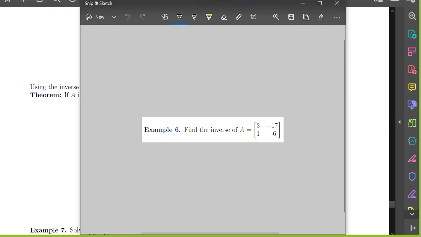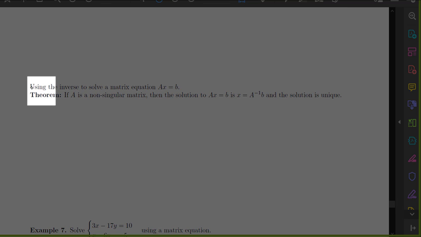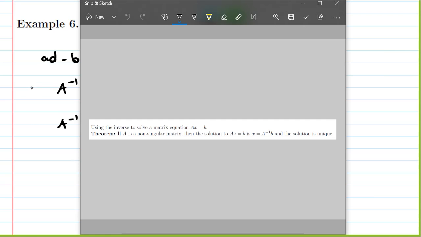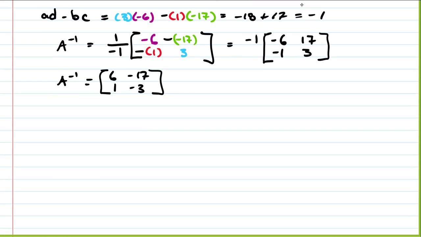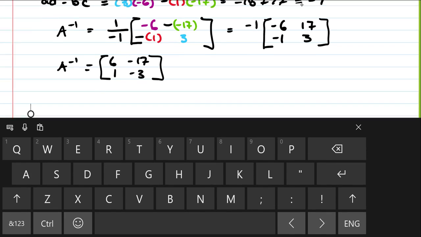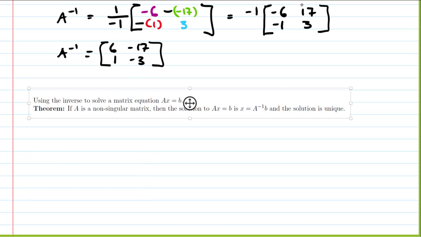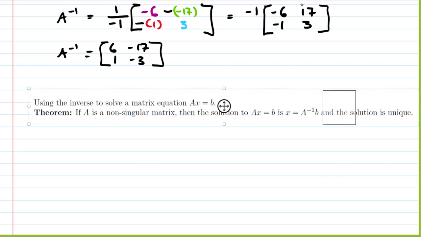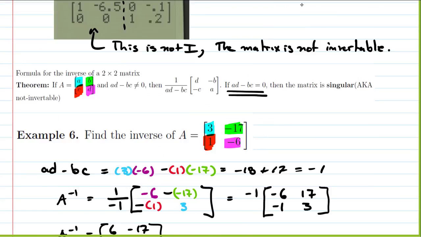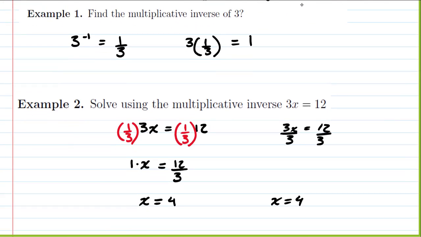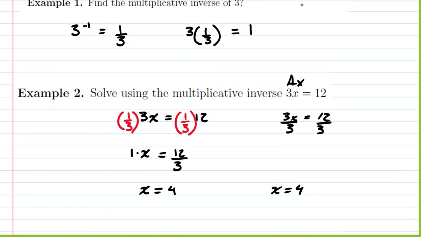All right, so now we want to use the inverse to solve the matrix equation A times X equals B. Turns out that we can solve this matrix equation in exactly the same way we were solving this, because this is really just A times X equals B. So to solve this equation, what did we do?